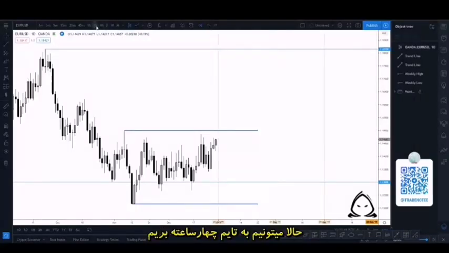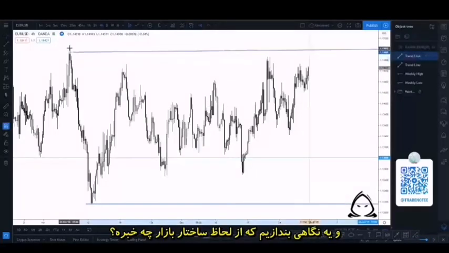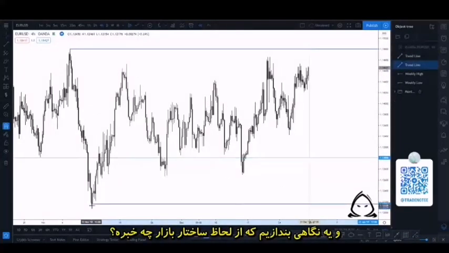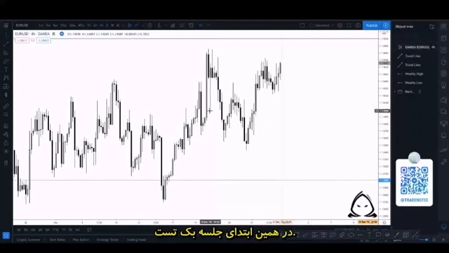And now what we can do is drop down to the 4-hour chart, and again, just simply take a look at what we have going on here in terms of market structure at the very beginning of our backtesting session.